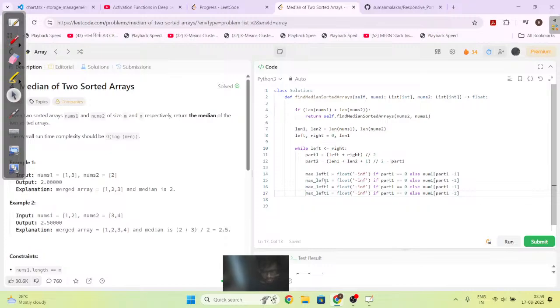Then max, right, min right 1 is equal to len 1.